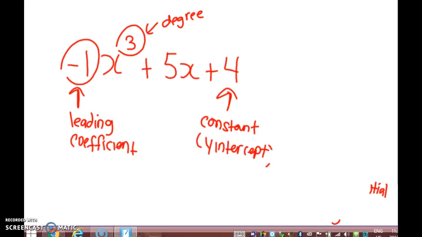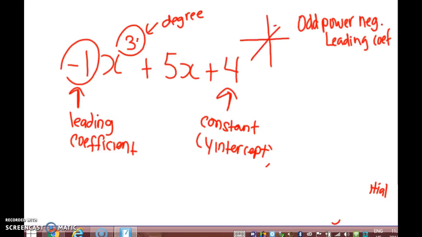If we have an odd power and a negative leading coefficient, our picture will look something like this, down a ski slope.